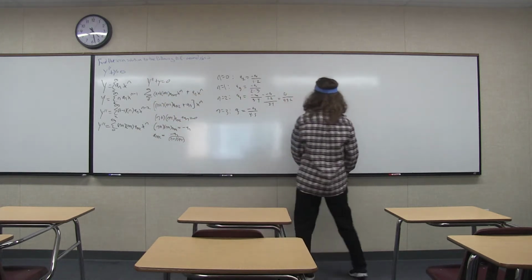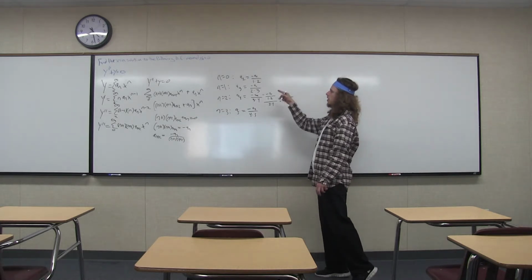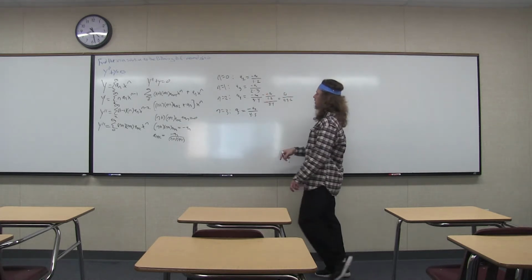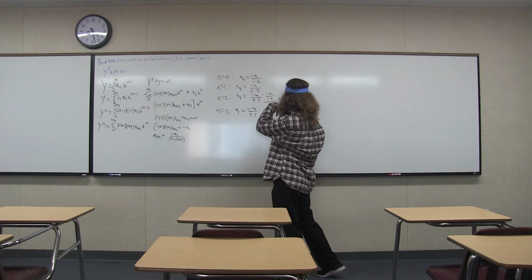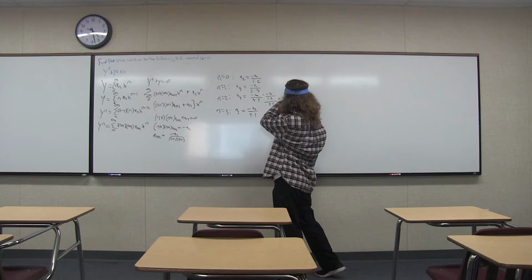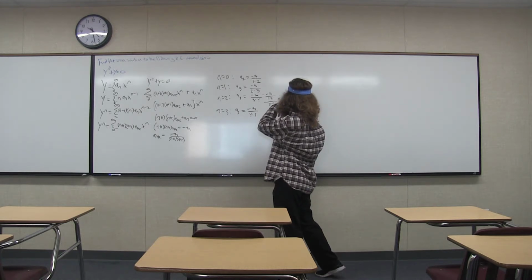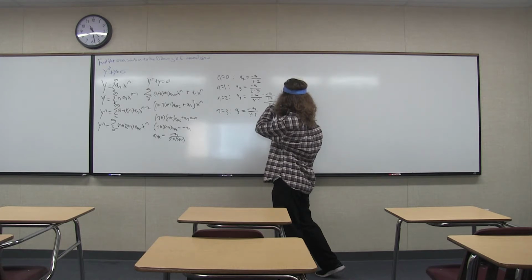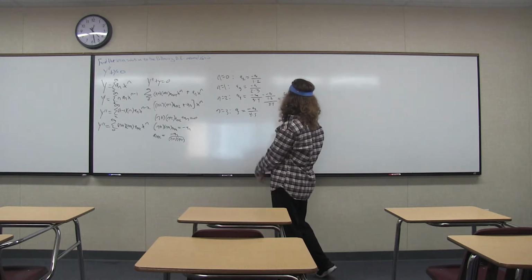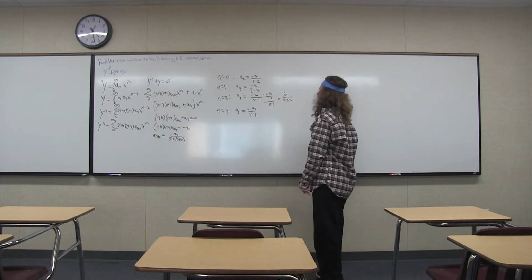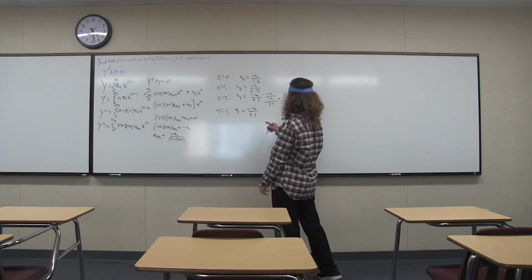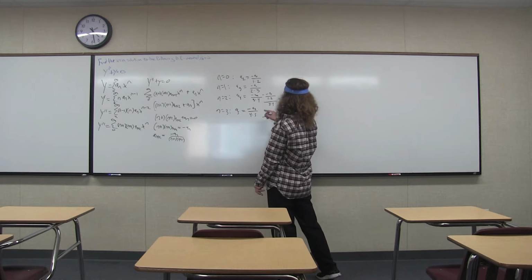But just like we went back up to look at a0, we can see that we already know what a3 is. a3 is negative a1 over 2 times 3.